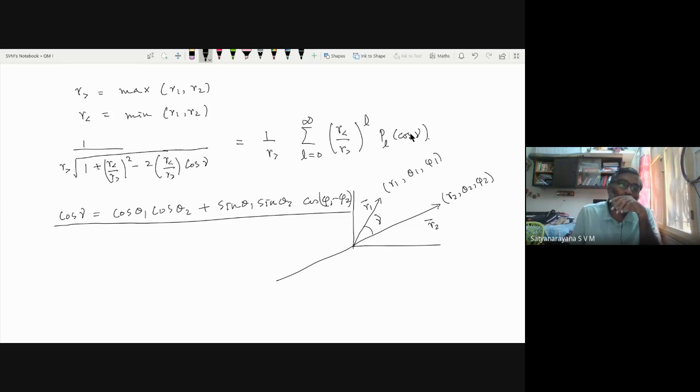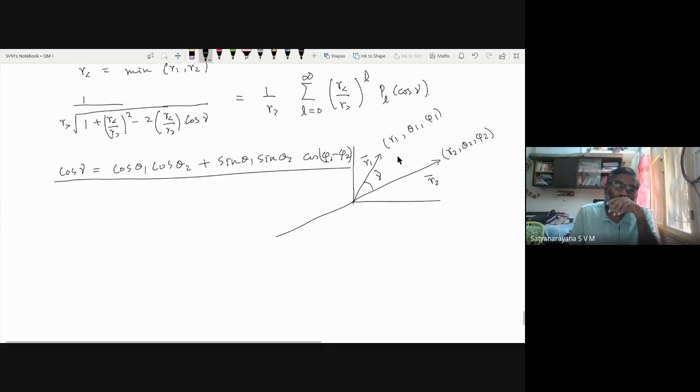Now you have a polynomial in cos gamma. PL of cos gamma is an Lth order polynomial in cos gamma. That also you can express in terms of this, which is a very cumbersome expression if you want to do it. But there is a very nice theorem called the addition theorem.